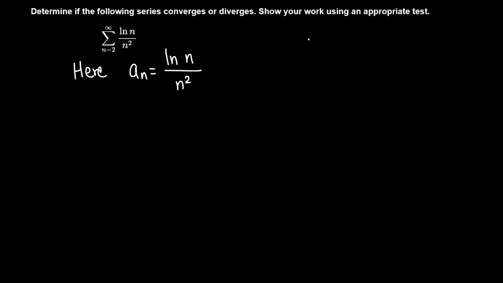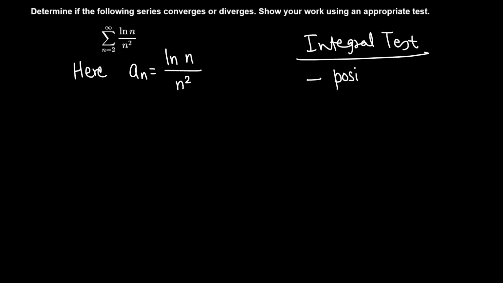So we're going to apply the integral test. For this, we have to have positive terms, and that's the case: positive for all n bigger than or equal to 2, because this series starts at 2. How about continuity?